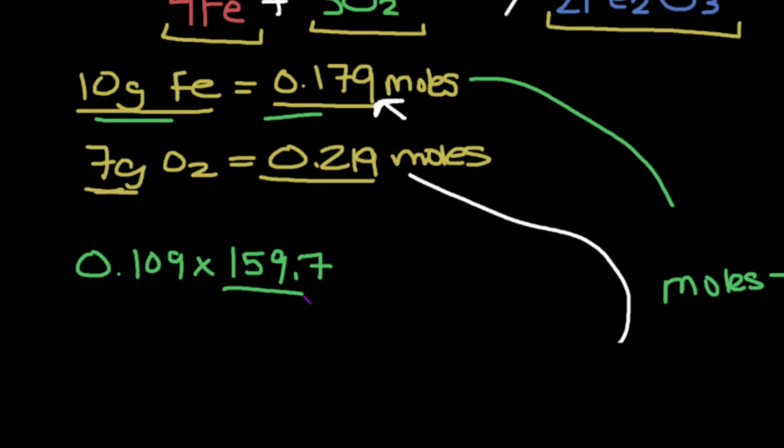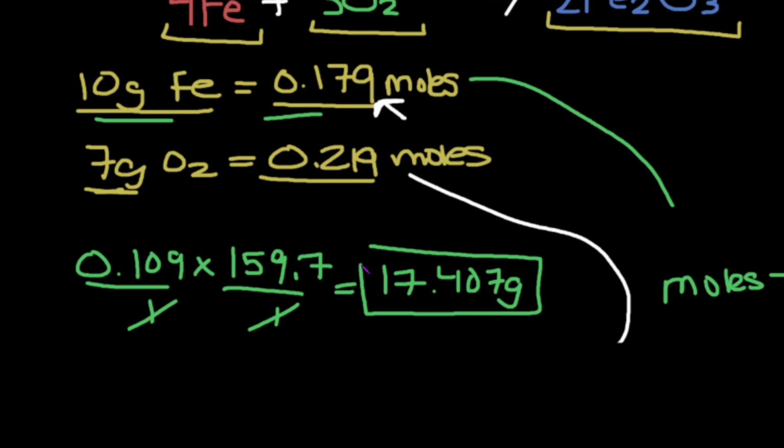Alright, and you would put this over 1 as it is a ratio, but these two cancel out, because anytime you have both denominators as 1, they simply cancel out, and you multiply the numerators, and that would give you 17.407, and this is now grams.